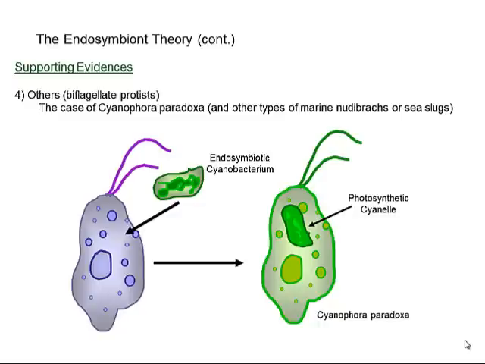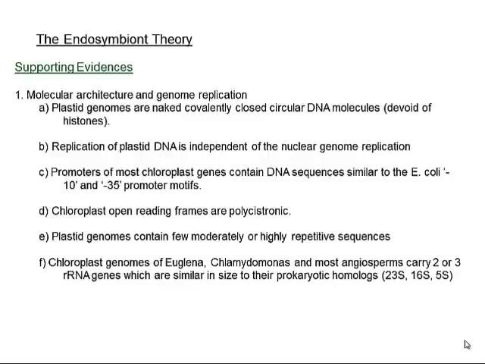The first line of evidence is that this process of engulfment of cyanobacteria and their retention as symbionts within cells is still seen today in some marine animals and in some protists. And there is a lot of molecular evidence to support this theory.